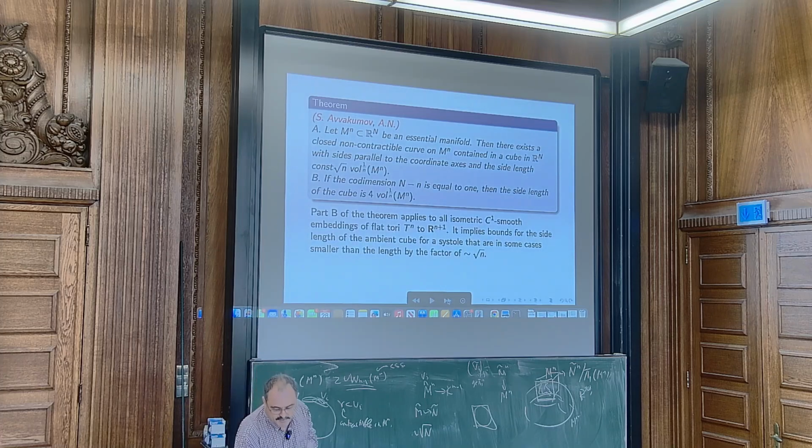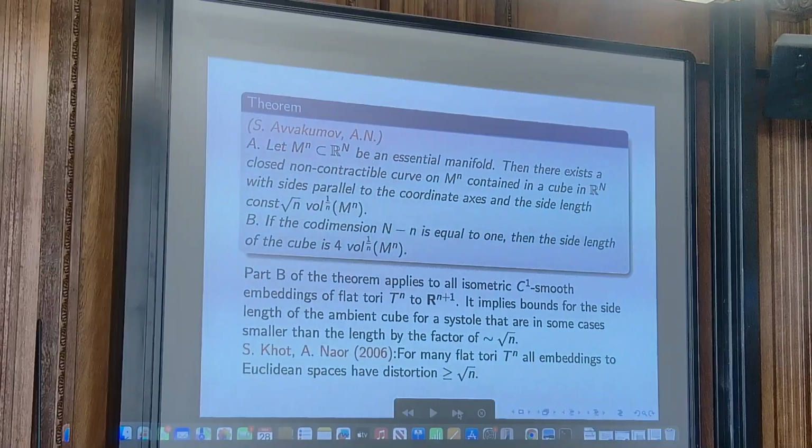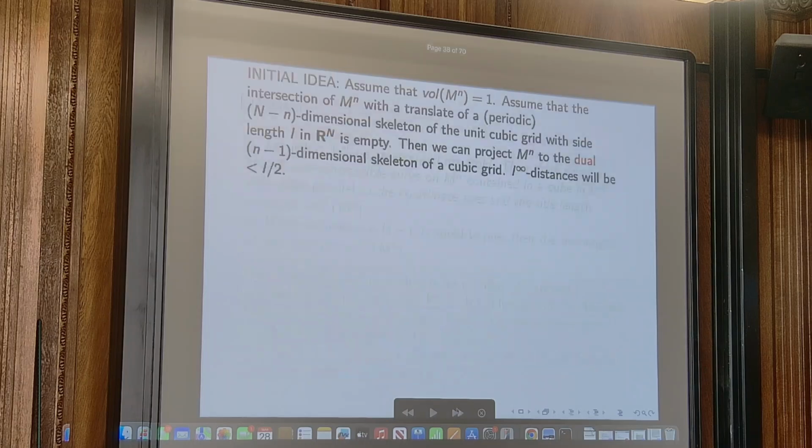And in fact, there is even a theorem by Subhash Khot and Assaf Naor to this effect that asserts that for many flat tori, all embeddings into all Euclidean space and even Hilbert space have distortion at least square root of n. So there is no apparent contradiction here.